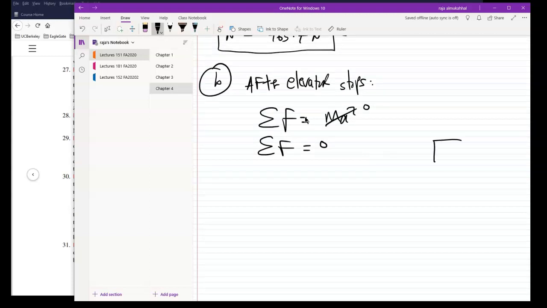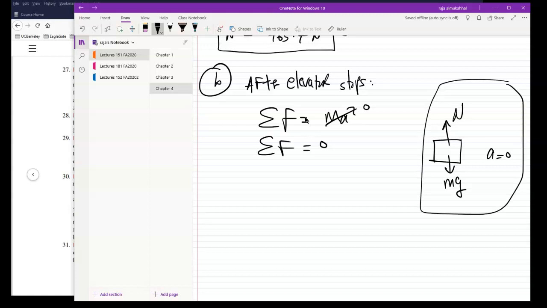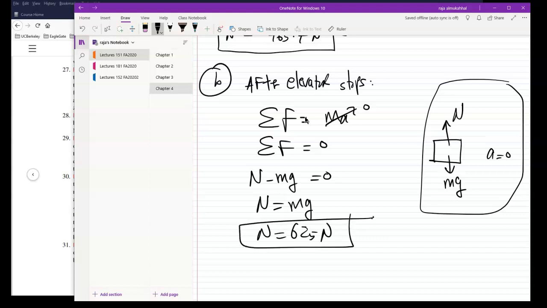Here you are. Here is your normal. Here is your mg. And acceleration is 0. That's your FBD right here, right? So it's just going to be n minus mg equals 0. Normal is equal to mg, but mg is 625. And there we go. Simple. That's it. Got it? Okay.